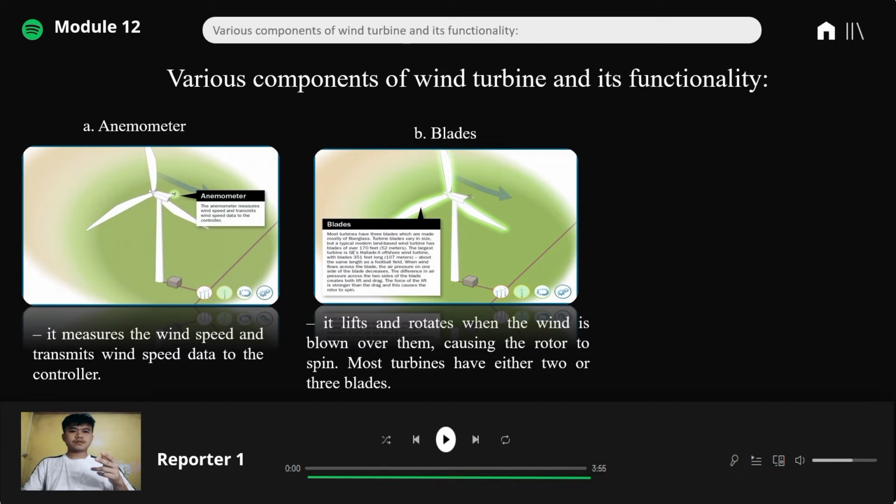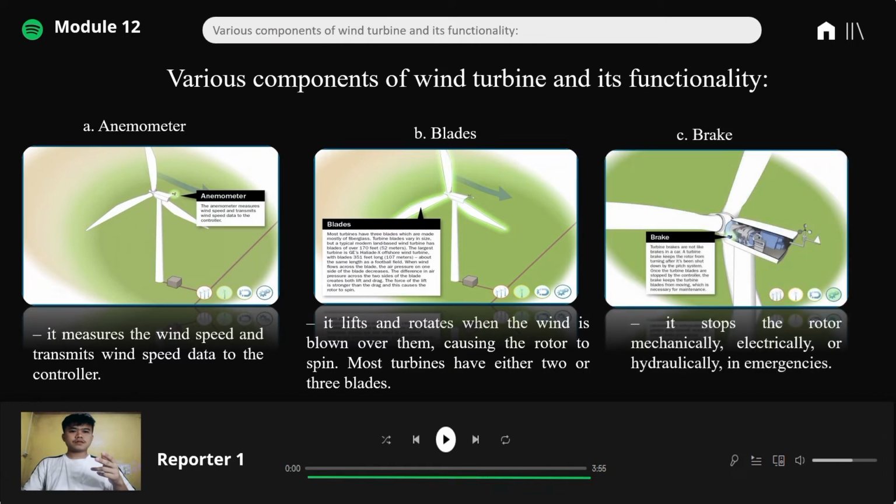Wind turbine blades are airfoil-shaped blades that harness wind energy and drive the rotor of a wind turbine. The airfoil-shaped design, which provides lift in a fixed-wing aircraft, is used to allow the blade to exert lift perpendicular to wind direction. So, whatever the direction of the wind is, that will be the direction of the blades.